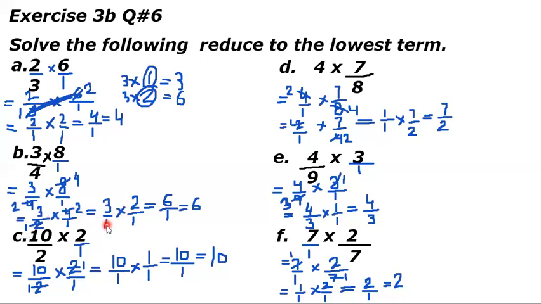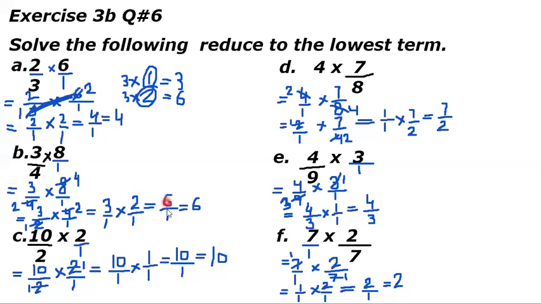In the next step we will write 3 by 1 multiplied by 2 by 1. Now we will multiply numerator with numerator. 3 times 2 is 6 and 1 times 1 is 1. 6 by 1 is our product, our answer. Now 6 by 1 is a fraction and 6 by 1 is equal to whole number 6.